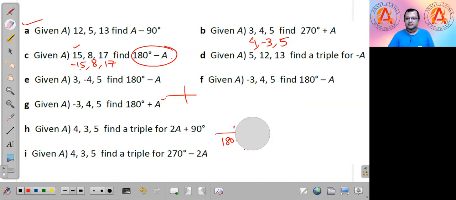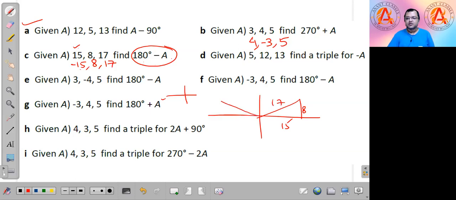So it is like, suppose I draw it. If this is my 15, 8, 17, the required one will be minus 15, 8, 17. That's all. This is your 180 minus A. Fine.